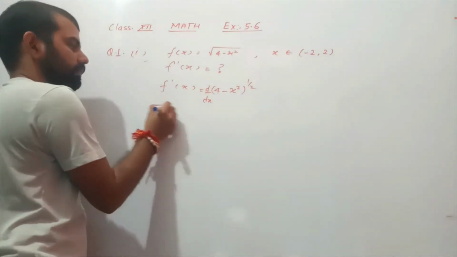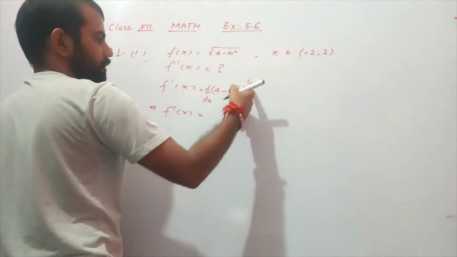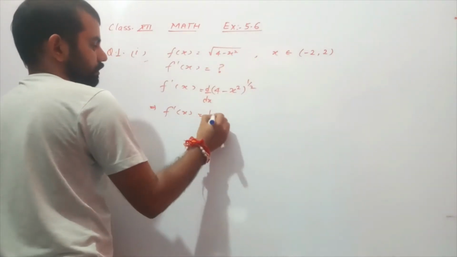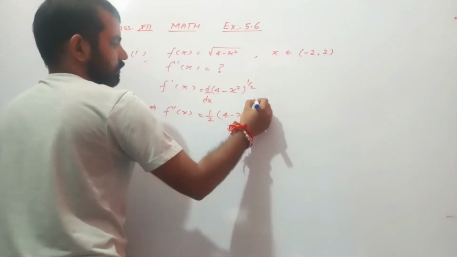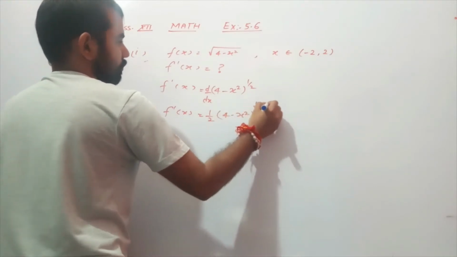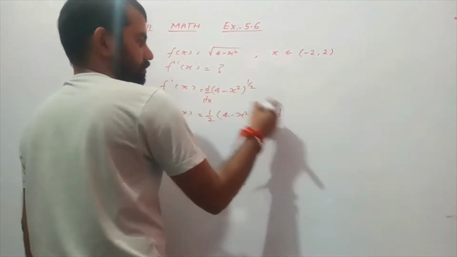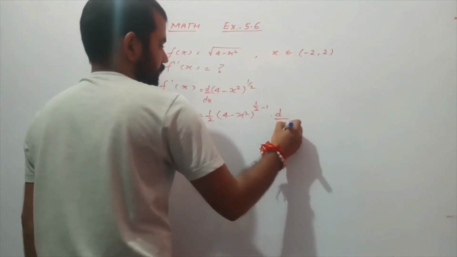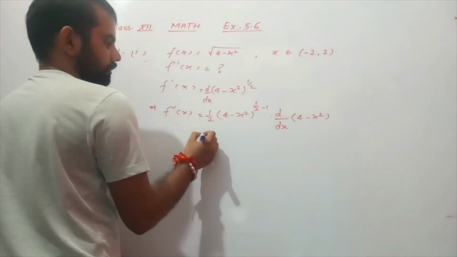This implies that f dash x is equal to, by the formula of x to power n, x to power n minus 1 upon, 1 upon 2 into (4 minus x square) to power 1 upon 2 minus 1. But 4 minus x square is not x, so d by dx of 4 minus x square is again needed.